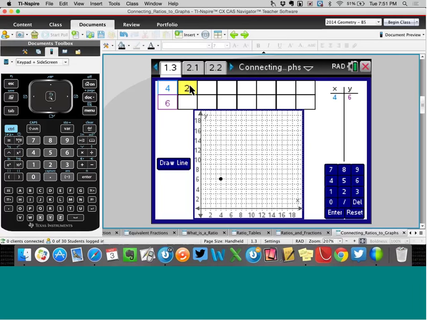For example, what happens with the ratio 2 to 3 and where we see that on the graph, and what happens if we let the x coordinate equal 1? What happens if we let the x-coordinate equal 10? What happens if we let the x-coordinate equal 0?